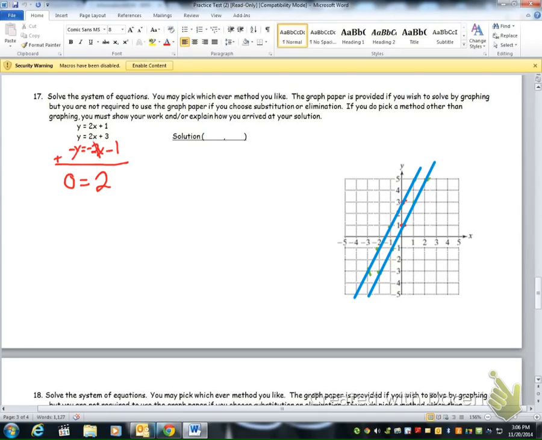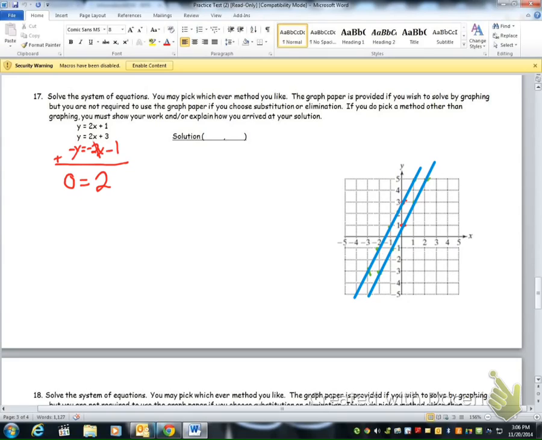All right. Now look at if I graph these. Now, where is the solution to a system of equations when you're graphing? It's where they meet. Well, look what these lines are. They're never going to meet.